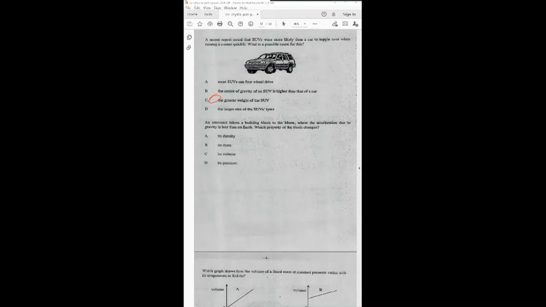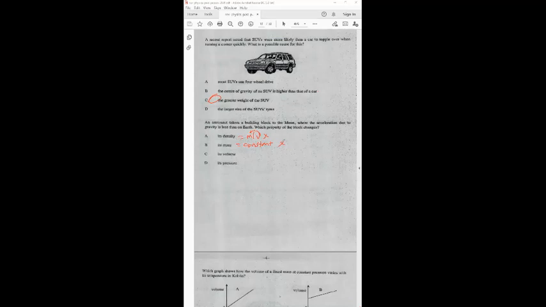So we know that density is equal to mass over volume. Okay. So we don't have a change in either of those. So that one is out. Mass is constant everywhere you go. So that's a no.